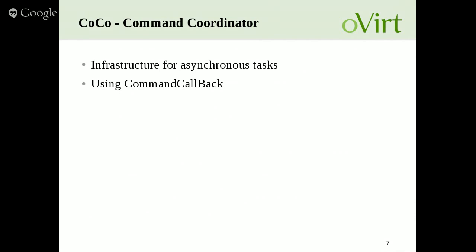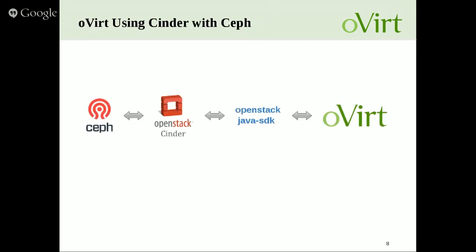Coco is a framework which supports managing asynchronous actions such as storage actions. This framework manages and persists those commands by specific logic based on parent and child callback commands. Eventually, this is how it works. This is the basic flow.